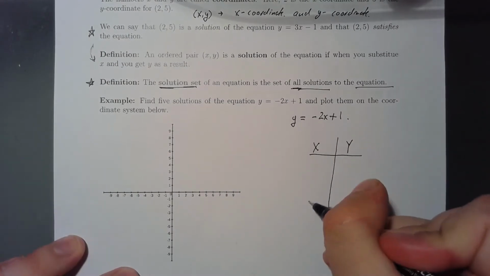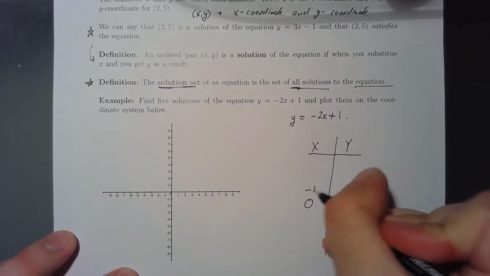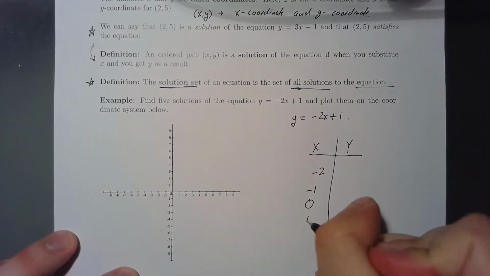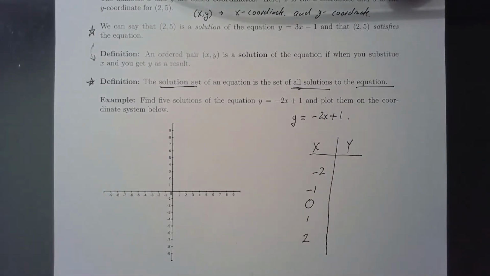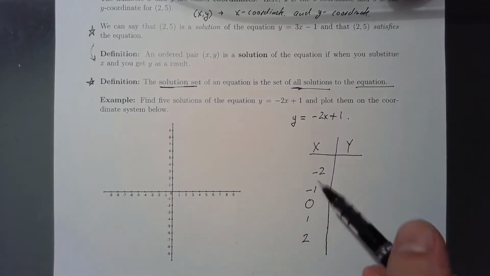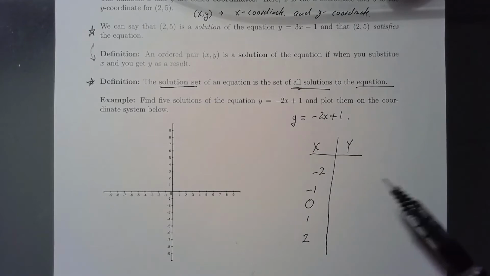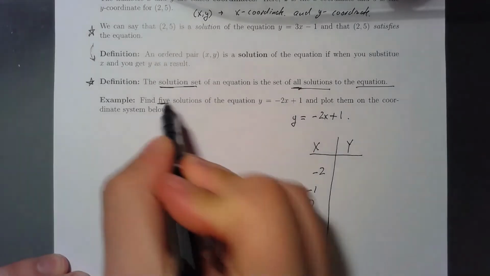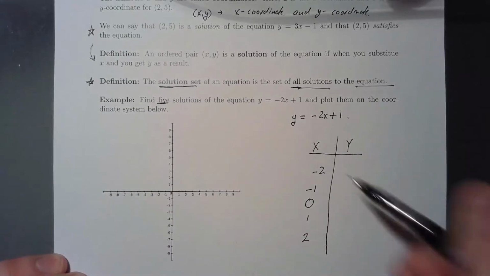I'm going to put 0, -1, -2, and 1, 2. I want to show you negative and positive values and show you that it works for all kinds of values. I'm trying to find 5 solutions, so I picked any 5 values I wanted for x.